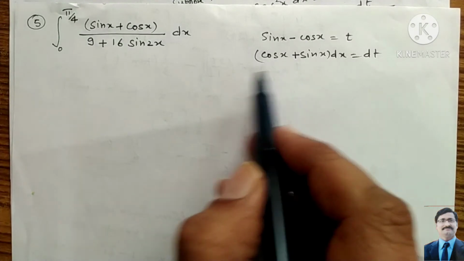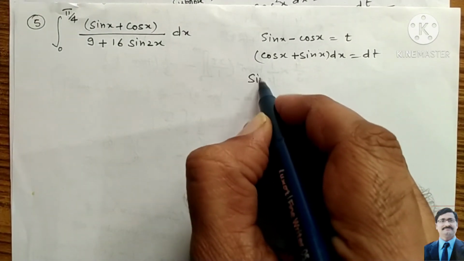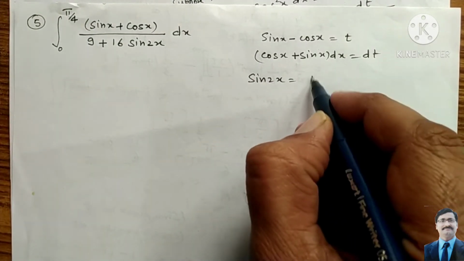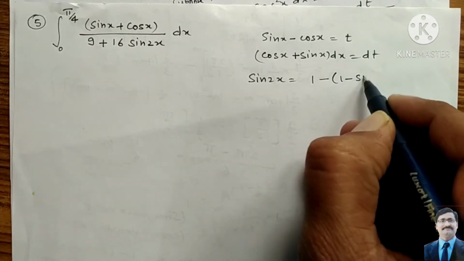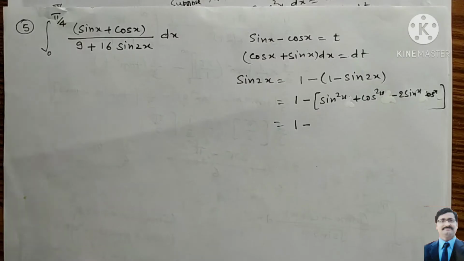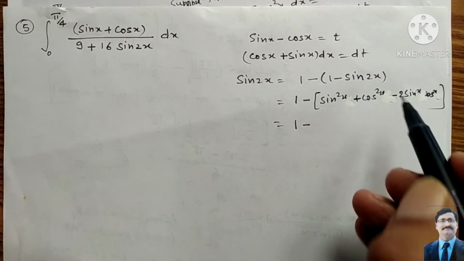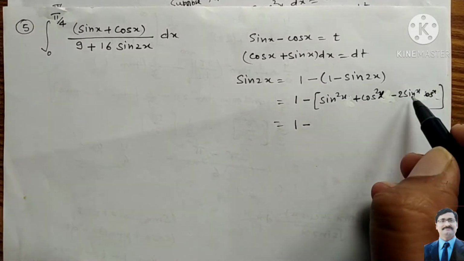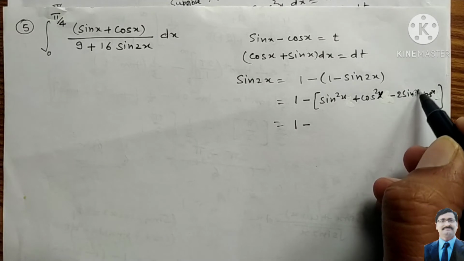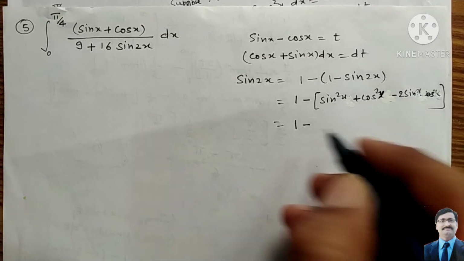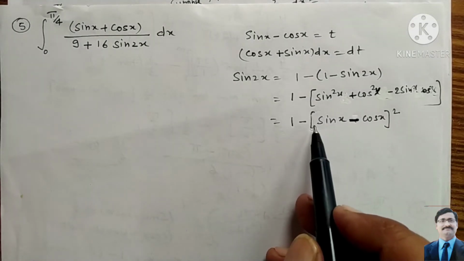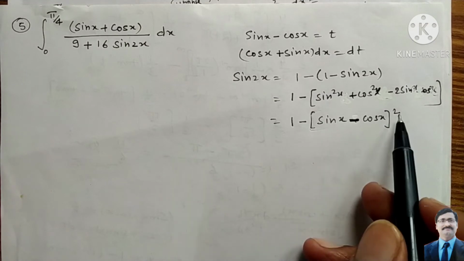Now look here, sin 2x is given, and sin 2x we can write as 1 − (sin²x + cos²x − 2 sin x cos x), which is 1 − (sin x − cos x)².